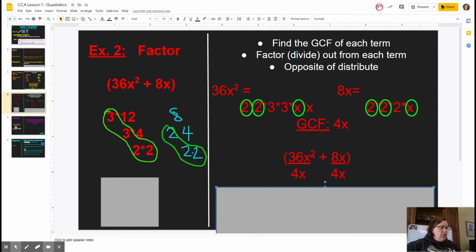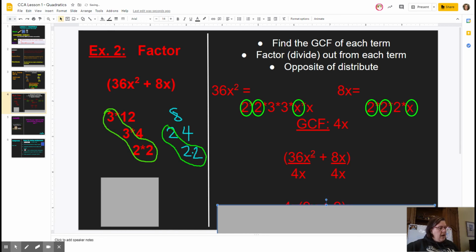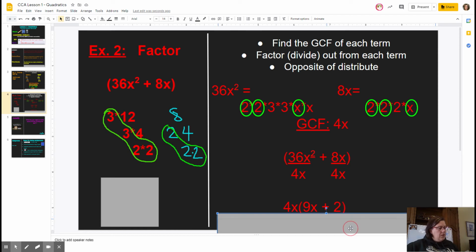So I know that 36 divided by 4 turns into 9. And we learned x squared divided by x. Remember, you subtract those exponents. So that leaves me with 9x from that term. This one simplifies to 9x. And then 8x divided by 4x just turns into 2.